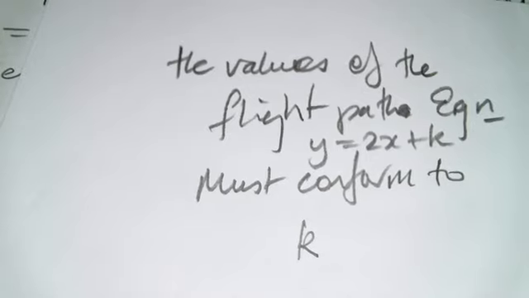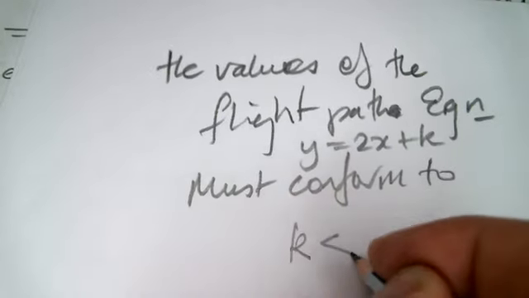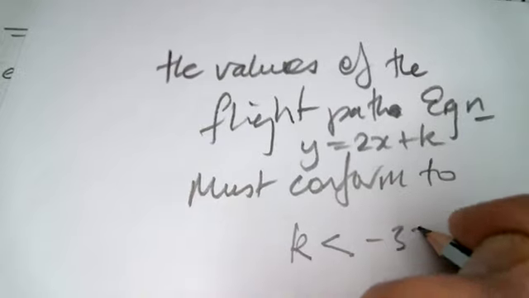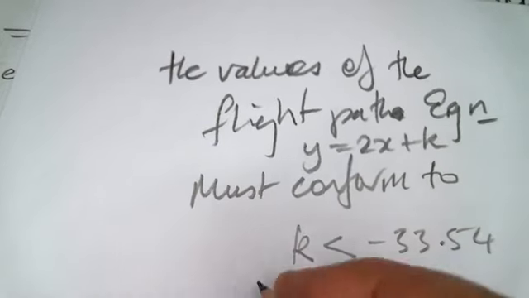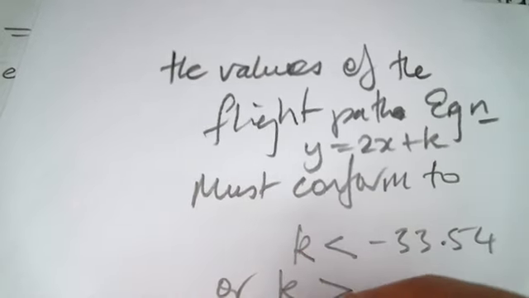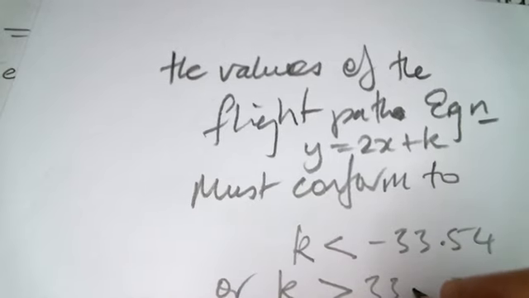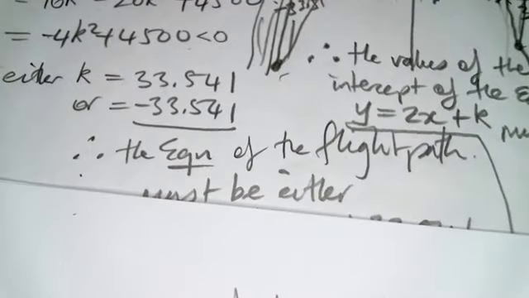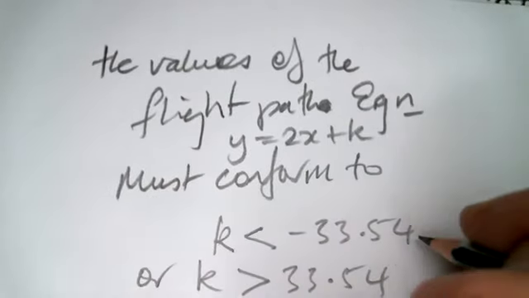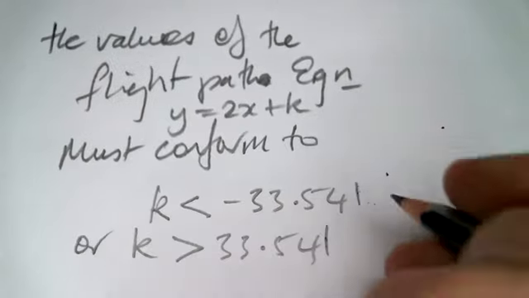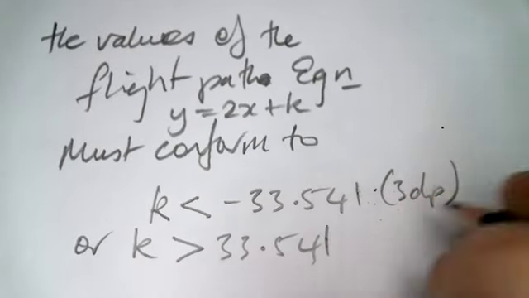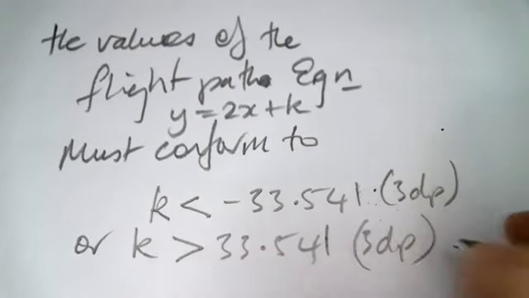I would definitely put this: k is less than negative 33.54, or k is greater than 33.54. Is it 54? Yeah, 54. I make it 3dp, and I put 3dp here as well.